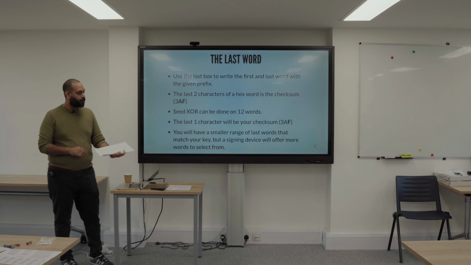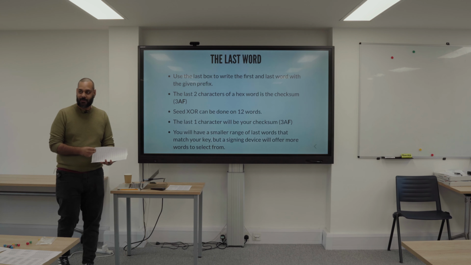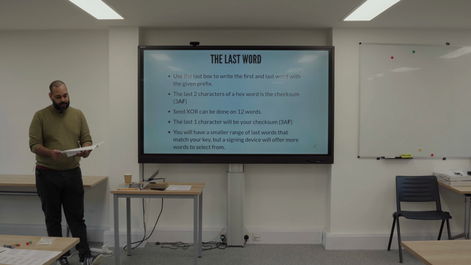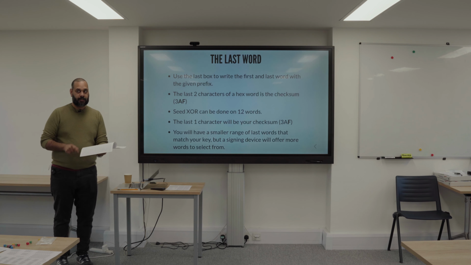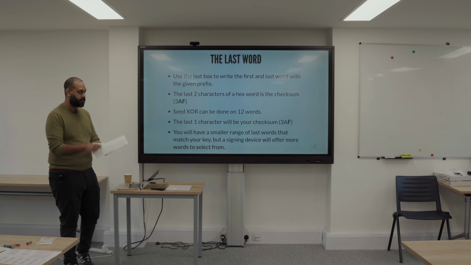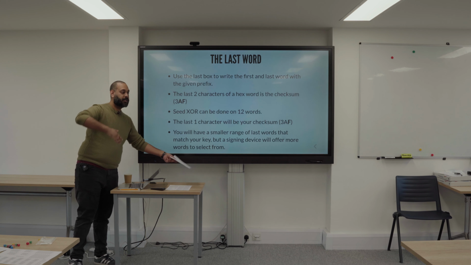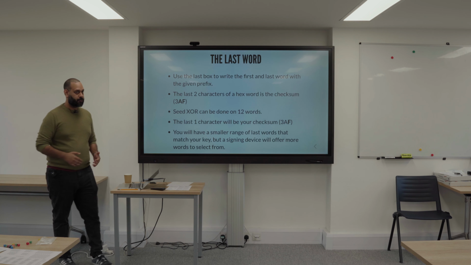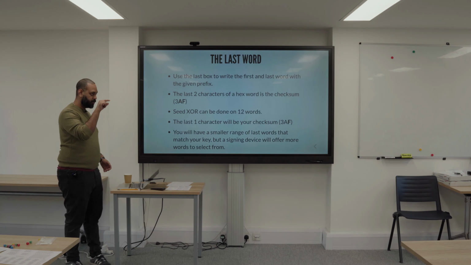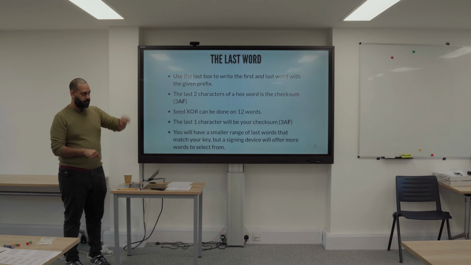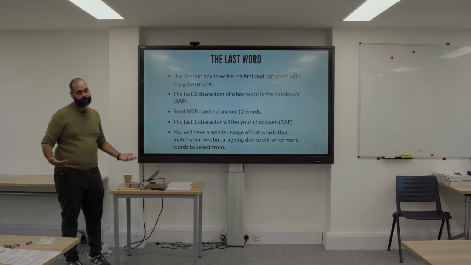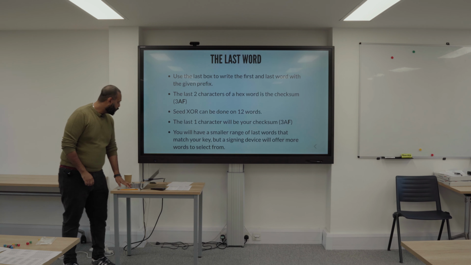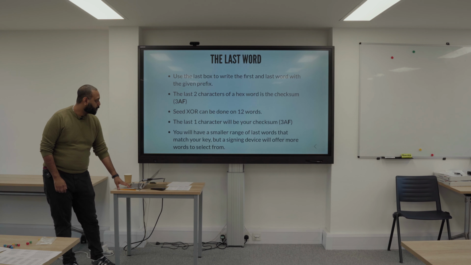But when you do 12 words, the range of words that it could be from this sheet is going to be smaller, but the number of options you're going to get from a Coldcard is going to be more. Either way, you're just doing a cross-reference and saying, right, it can only be between these words and these are my options. It has to be that word. And there will always only be one possible last word.